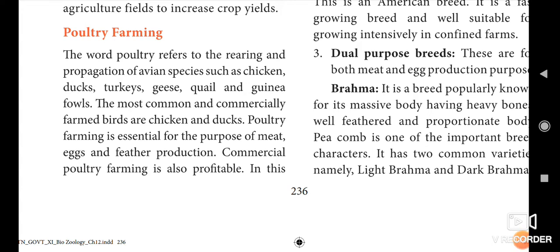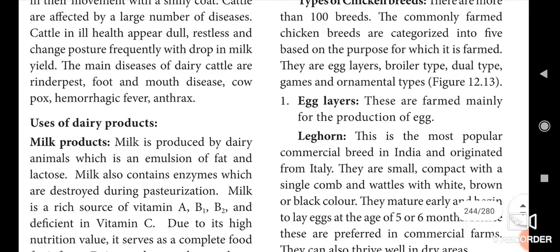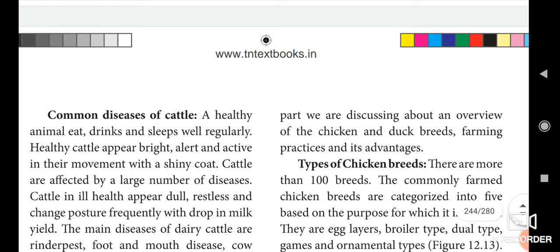Next, commercial poultry farming is also profitable in this part. We are discussing an overview of chicken and duck breed farming and practices and its disadvantages. In this heading, poultry farming, we discuss how we farm and practice chicken and duck.